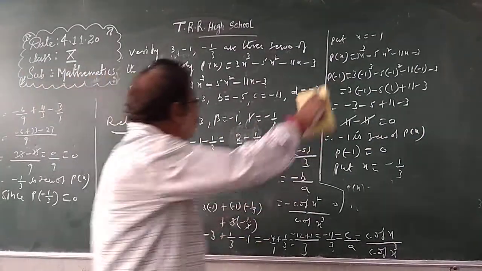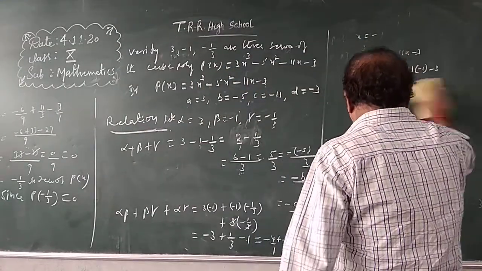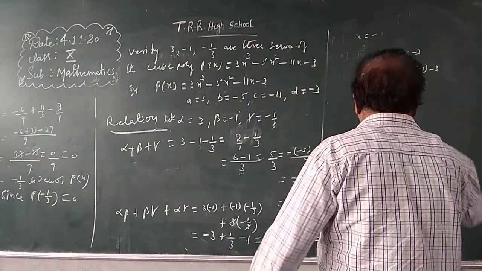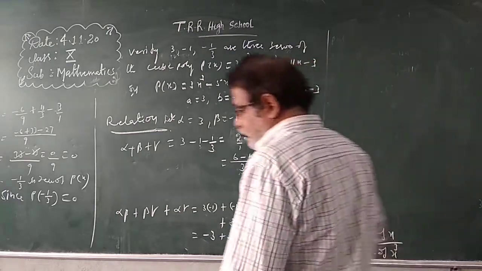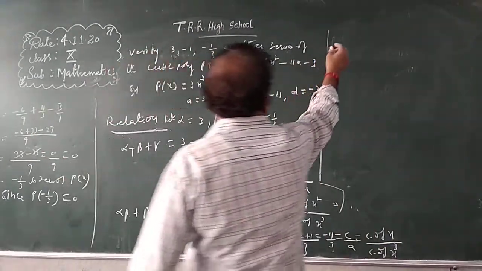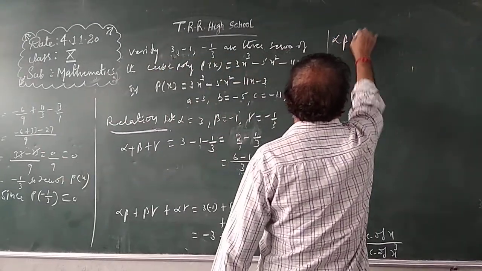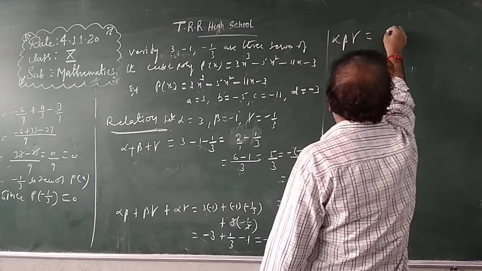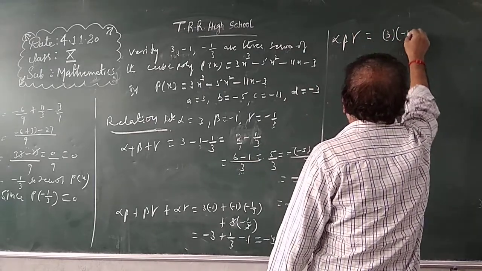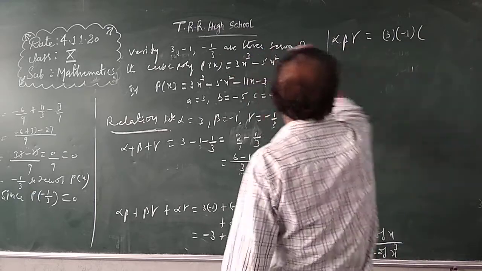Now one more. Alpha, beta, gamma: the product of all the three zeros. Alpha is 3, beta is minus 1, gamma is minus 1 by 3.